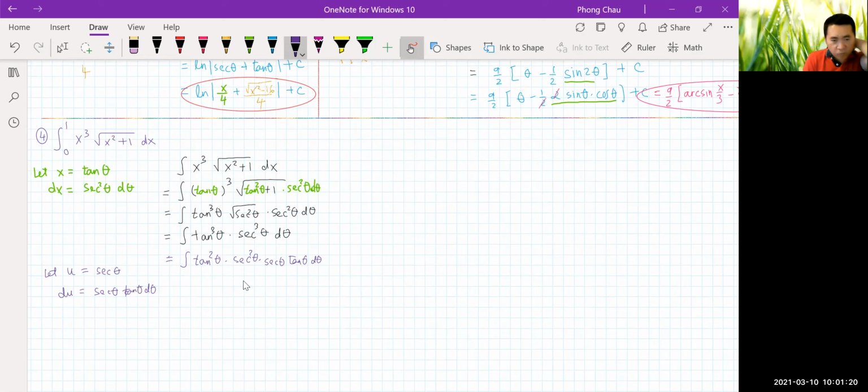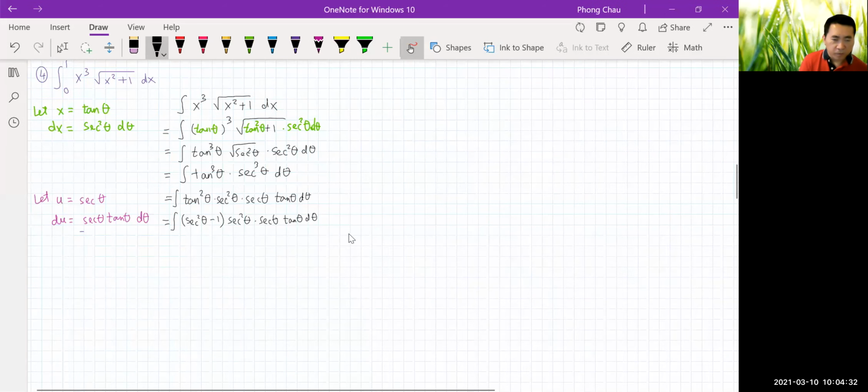Now we have the tangent squared. Well, we have secant, this is secant, right? So that's your u. Actually, I need to change the colors to make things easy to read. So I'm writing here. You see the tangent squared, we use identities here. Okay, the tangent squared because, what do I want?